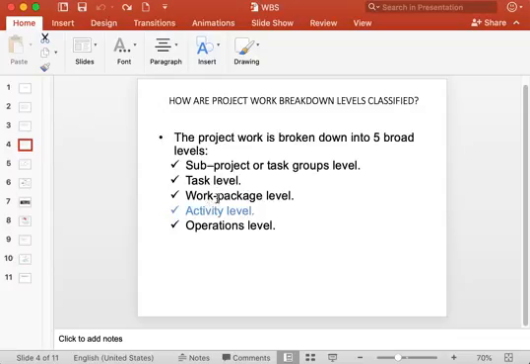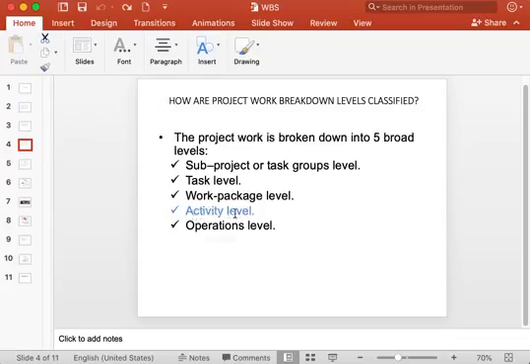Then each work package in the work package level is further broken down into numerous activities, and the level at which you can see the various activities being identified is called the activity level.